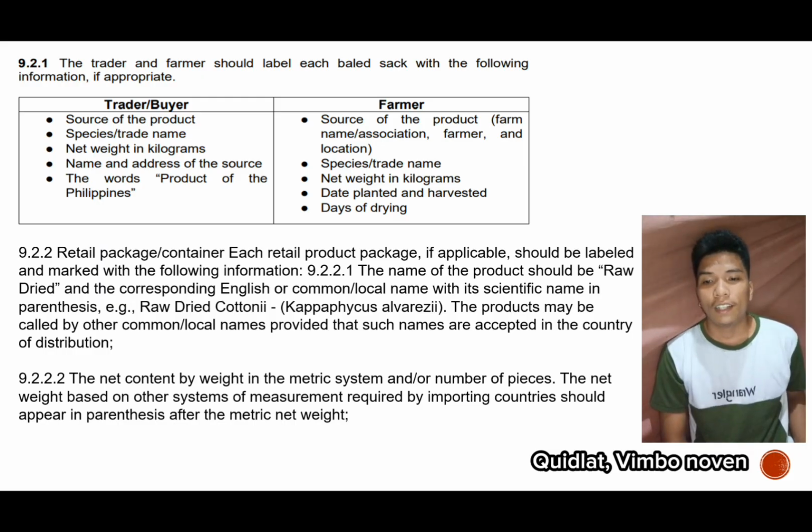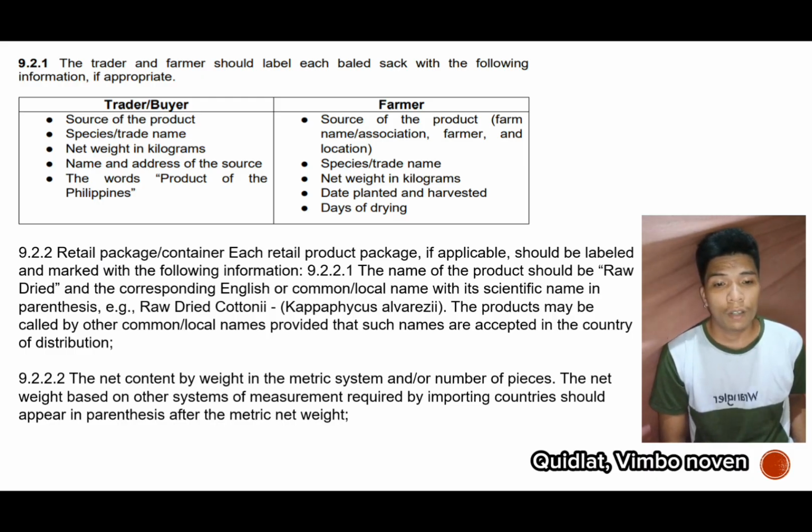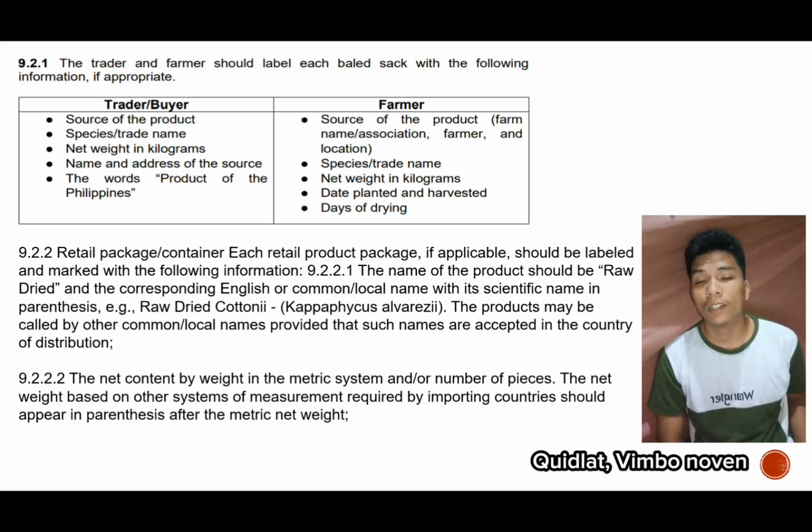So, retail package container. Each retail product package, if applicable, should be labeled and marked with the following information. The name of the product should be raw, dried, and the corresponding English or common local name with its scientific name in parentheses. Example, raw, dried cottonii.